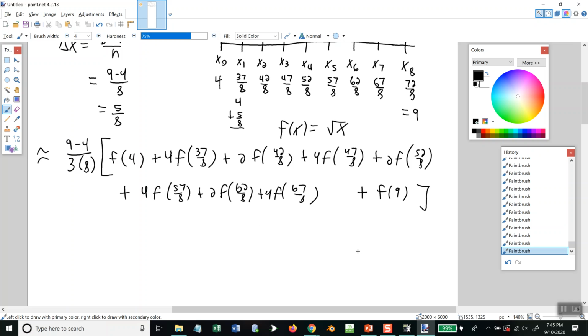Square root of x. Then 9 minus 4 is 5. 3 times 8 is 24.